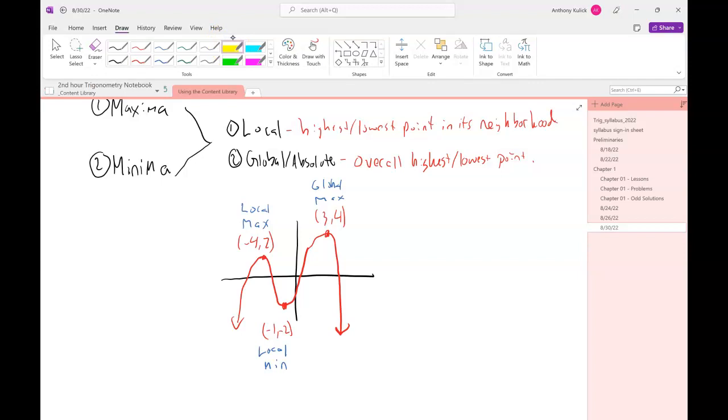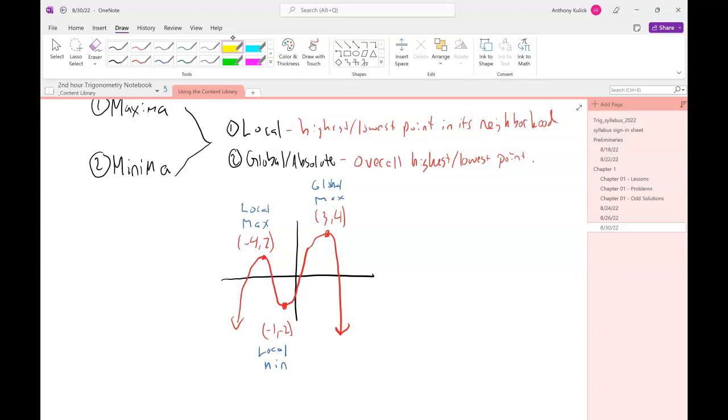Do you guys notice a relationship between the locations of these maxima or minima and the boundaries for our intervals of increasing and decreasing? Boyd? They're like the points where something changes direction.